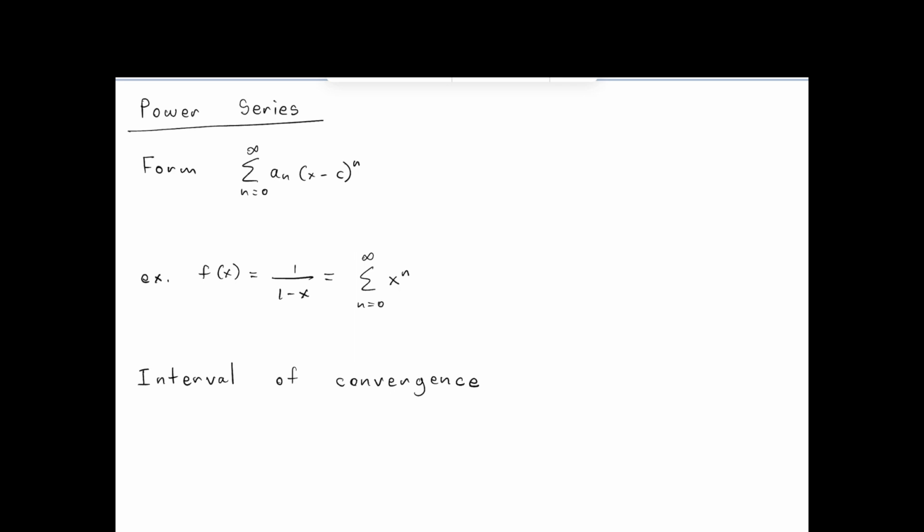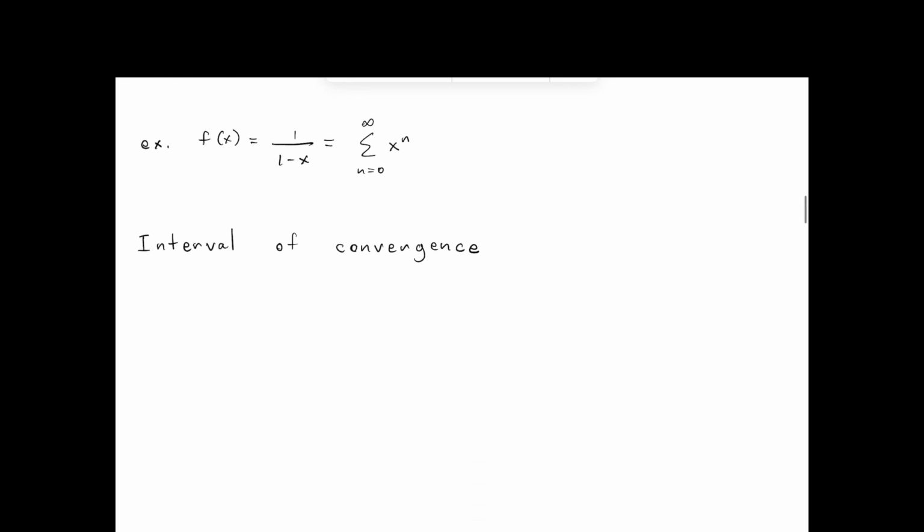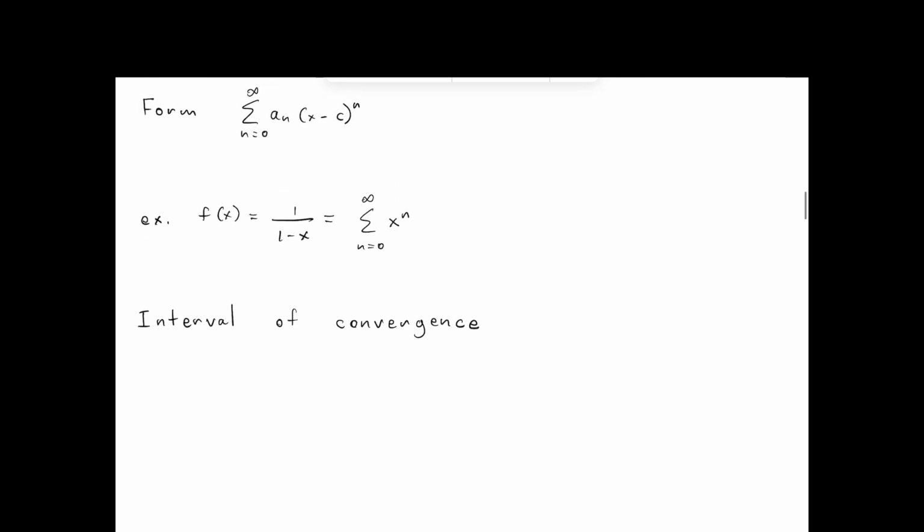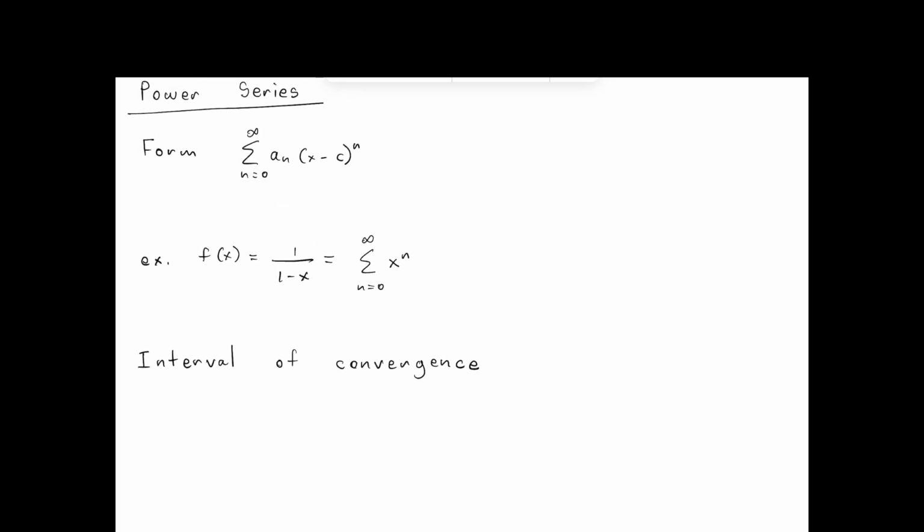And so we have a standard way of doing that related to your ratio test. And if you think about the inside of your series, which I'm going to write as a sub n times x minus c to the n, where what I forgot to mention earlier is that c is the center of your approximation.